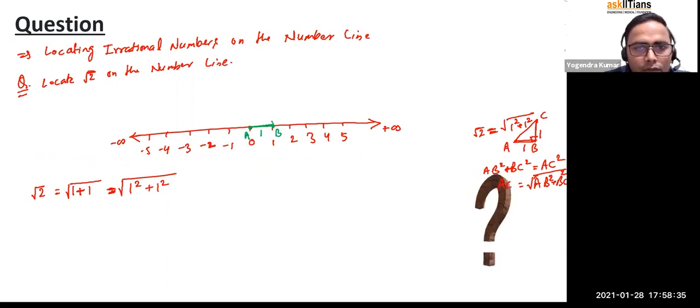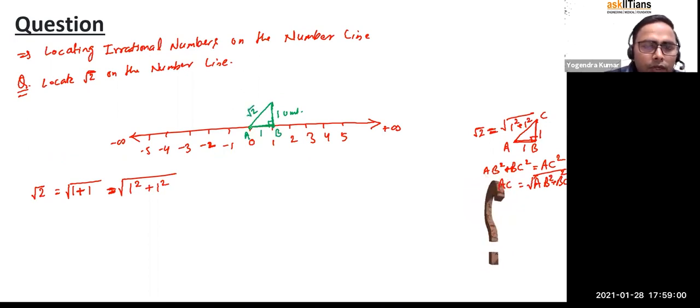Then I want to go at 90 degrees. Using a compass you can make a 90-degree angle, and go 1 unit above. This is the 90 degrees here. I think you can understand that it will act as the hypotenuse, which is going to give you root 2.